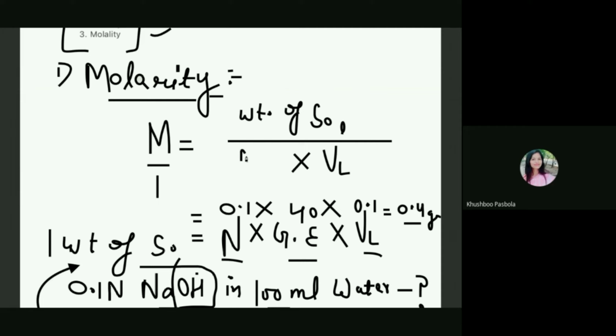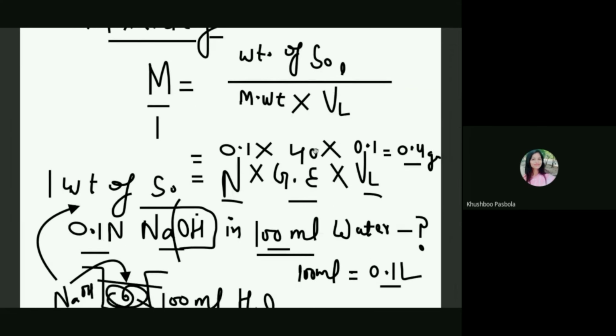In place of gram equivalent weight, you have to write molecular weight. So molarity is equal to weight of solute divided by molecular weight into volume in liter. This will be the formula for molarity.